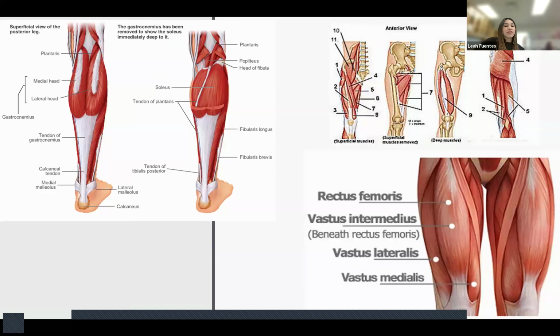You just need to remember rectus femoris, vastus intermedius, vastus lateralis, and then vastus medialis. The way that I've seen this asked is, again, like the rotator cuff muscles: they give you one or two and expect you to know the rest of them, or name the muscles that make up the quadriceps group.